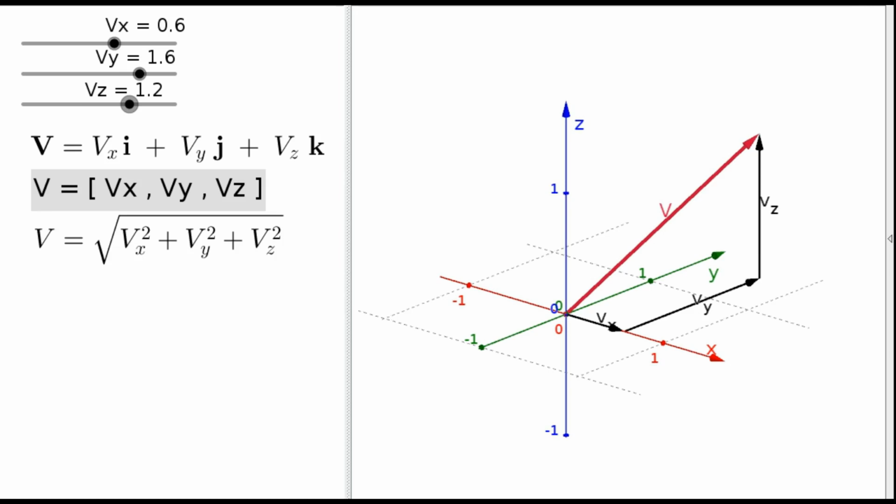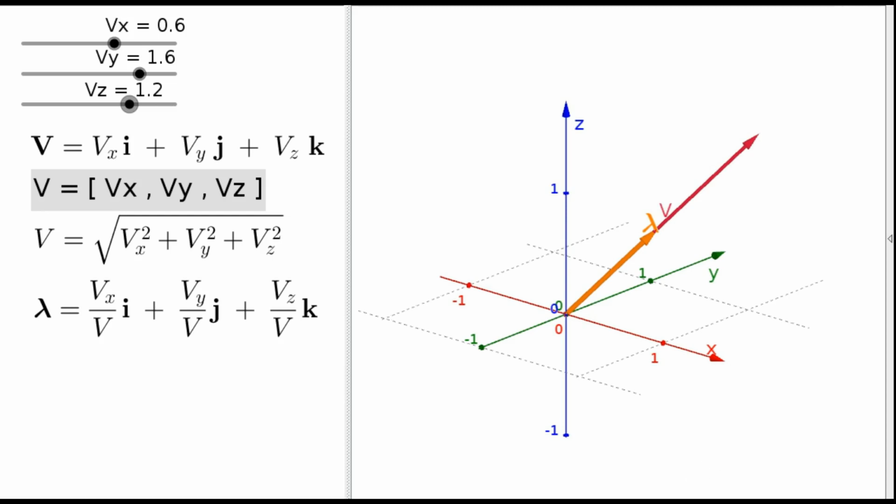But now that we've got the components, Vx, Vy, and Vz, we can compute the magnitude of the vector. So there's a relationship here. Essentially the magnitude squared equals the sum of the squares of the components. So if we're missing one, we can find it with this equation and some algebra.